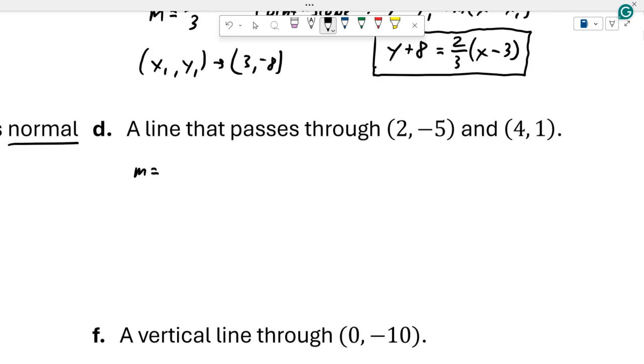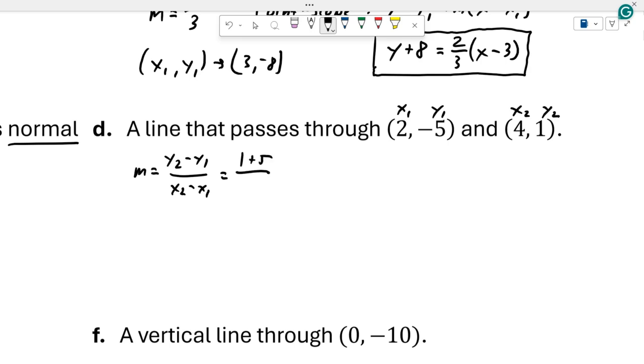So m is, there are many formulas for slope. They all mean the same thing, but one formula for slope is y2 minus y1 over x2 minus x1. So if I let this equal x1, this y1, this x2, and this y2, I can now plug in these values. y2 is 1. y1 is -5, but I'm subtracting it, so it's plus 5.